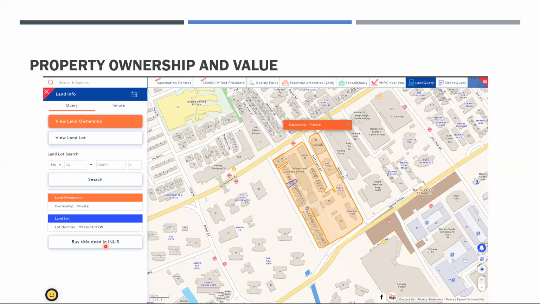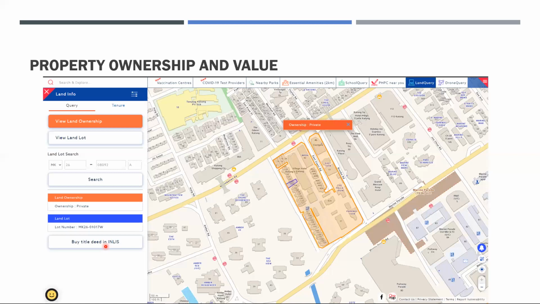I'm not entirely sure how comprehensive our local database is, but ideally you would want to find out the history of land ownership in the site that you're developing, just to make sure that the land is clear, that it is clear who owns the land.